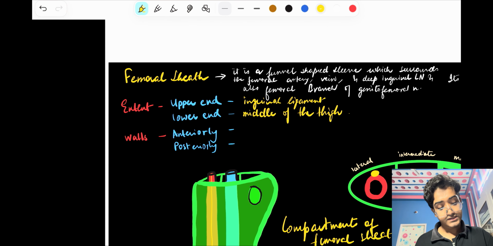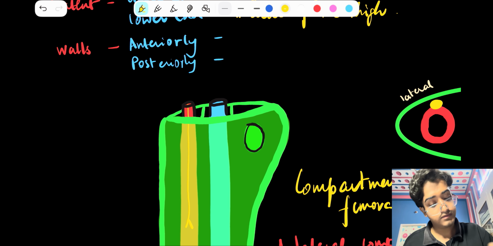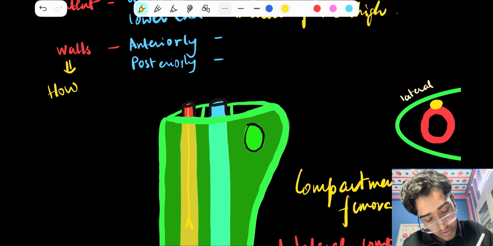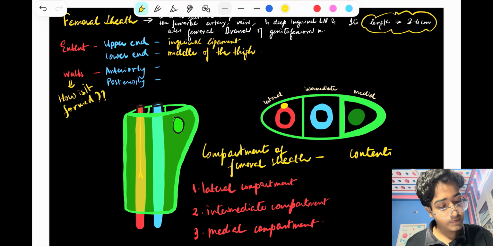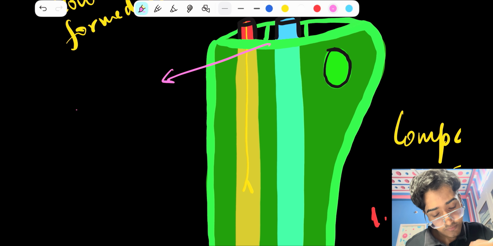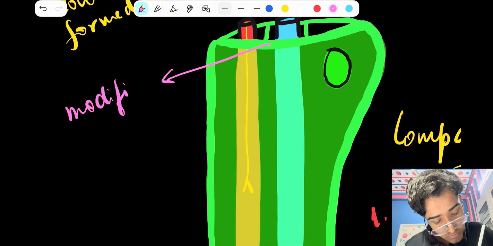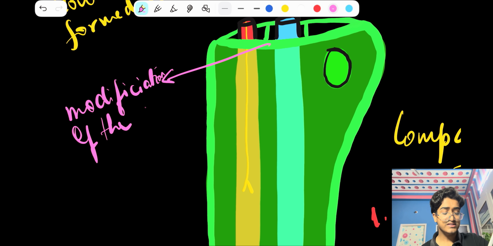Next, coming to its formation. How is it formed, and what forms the walls of the femoral sheath? Anteriorly, it is the modification of the fascia transversalis, which is the deep fascia of the abdomen.